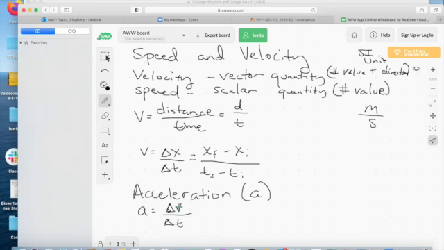Now we've already established that delta v is our delta x over delta t. So if we plug that in, we have a fraction over another fraction: delta x over delta t, over t.